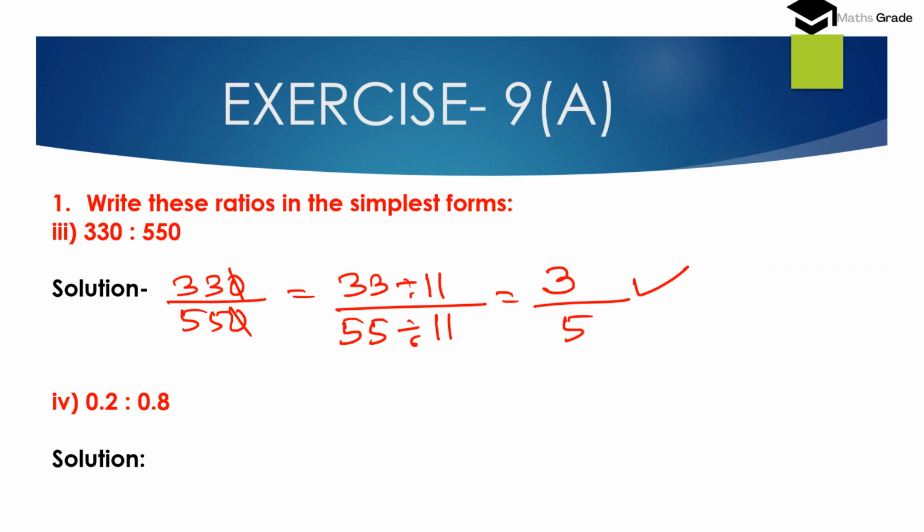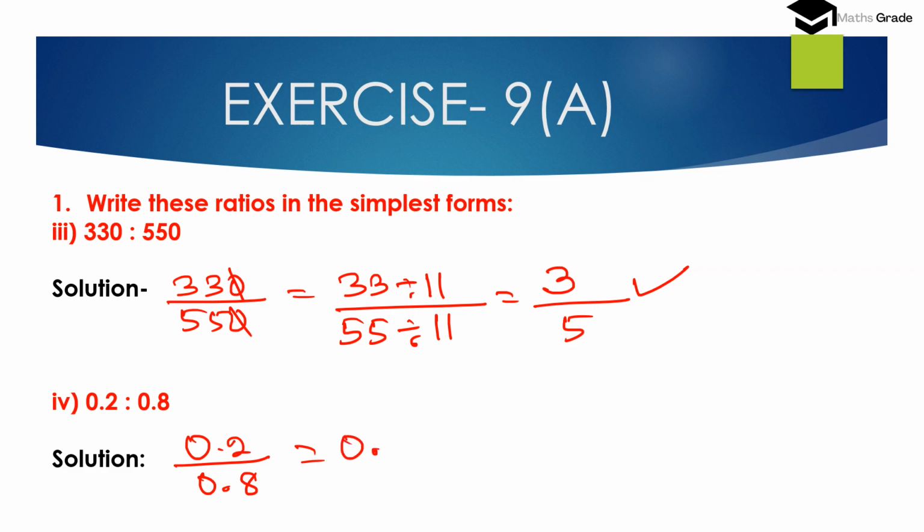Now fourth bit, 0.2 is to 0.8. We can write 0.2 is to 0.8 in ratio form as 0.2 divided by 0.8. Between 0.2 and 0.8, 0.2 is the common factor.